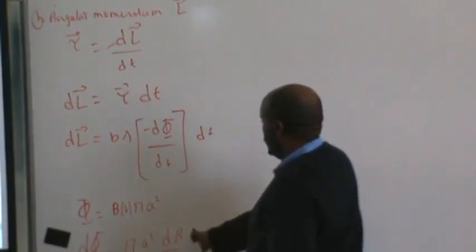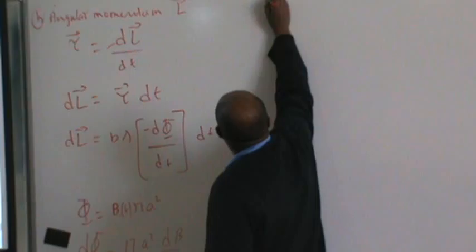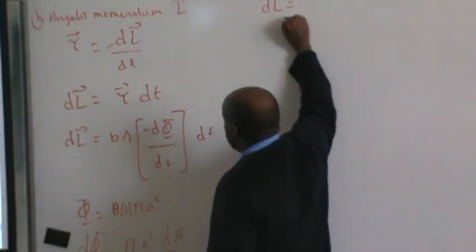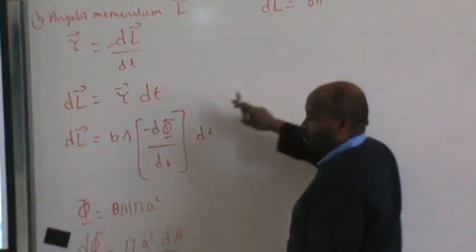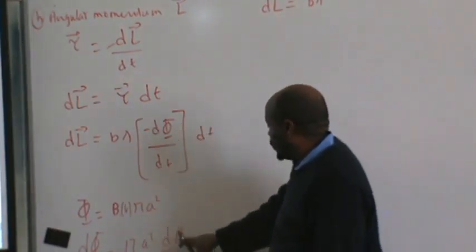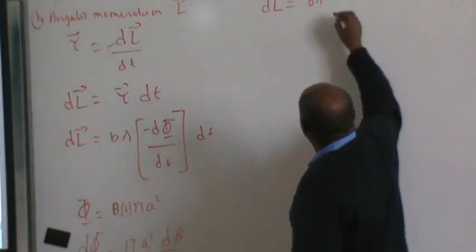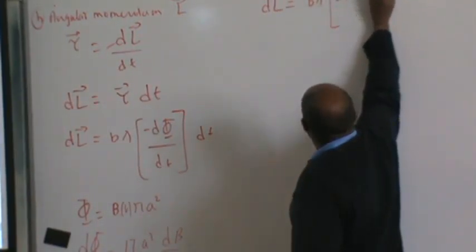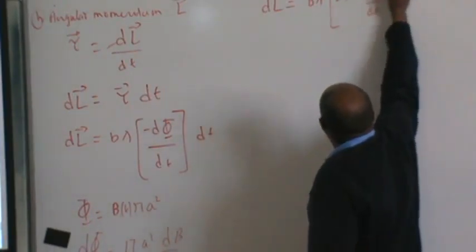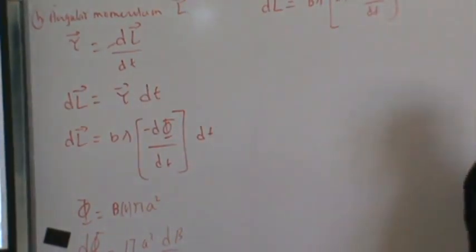So if you substitute this one in here, dL is going to be b lambda, in place of d phi by dt, pi s squared dB by dt multiplied by dt.